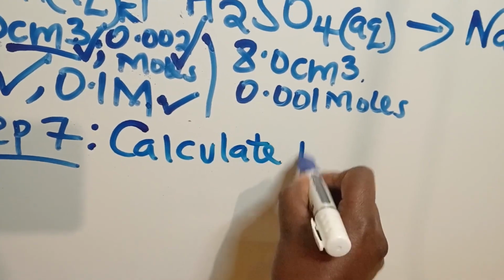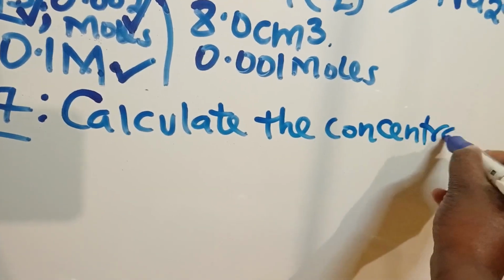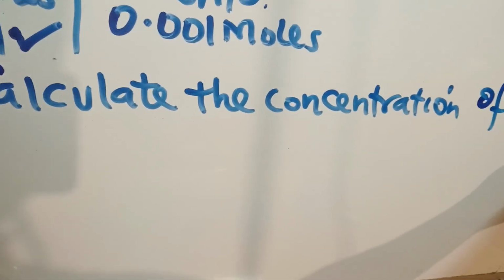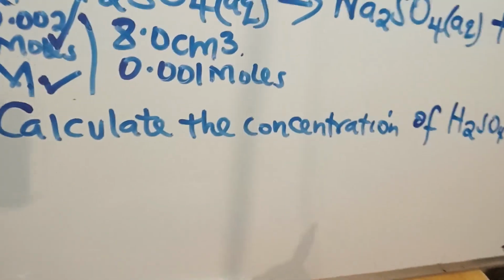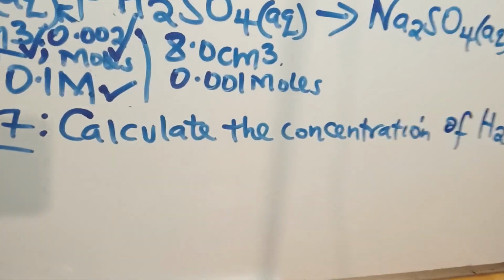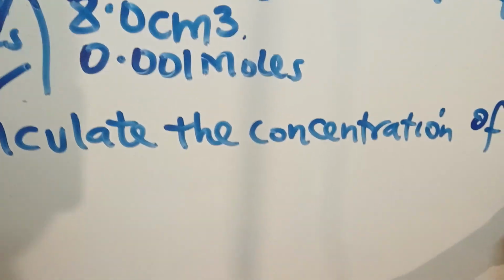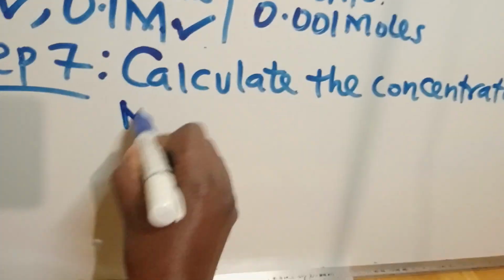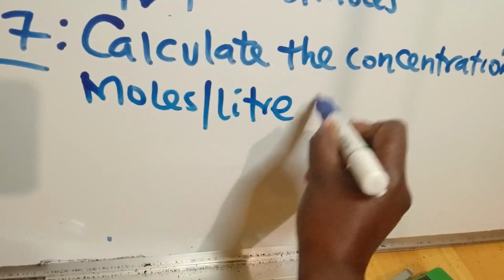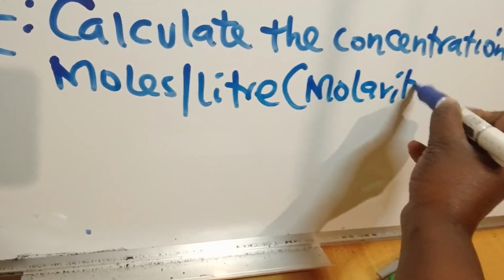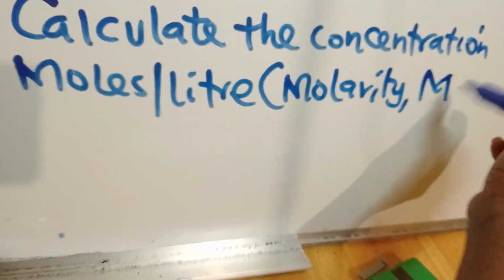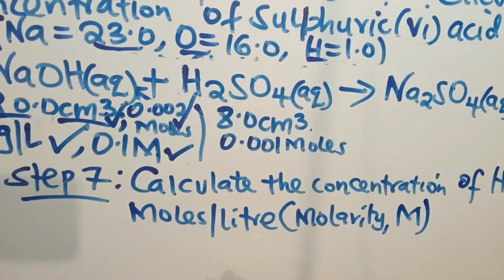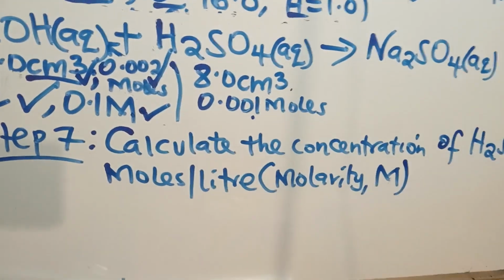We calculate the concentration of sulfuric acid in mole per liter, which is the same as molarity, denoted as capital M. And I have just said earlier on, these are the two values that we shall use.